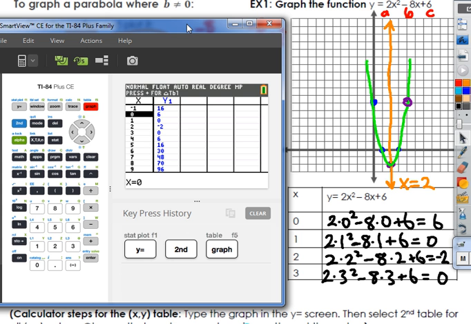As you can see, when x is 0, the y value is 6. When x is 1, y is 0. When x is 2, y is negative 2. When x is 3, y is 0, when x is 4, y is 6, and so forth. As you can see, at the vertex, y values are changing. Y values have been decreasing until the vertex.